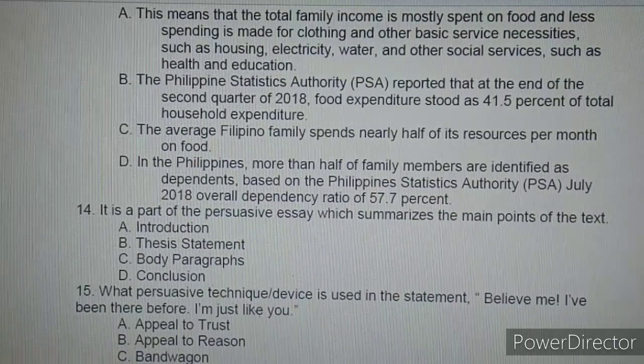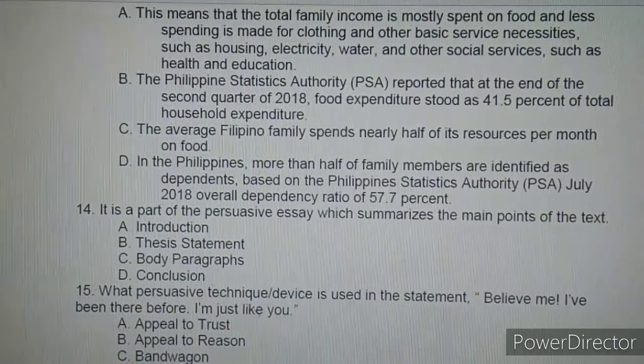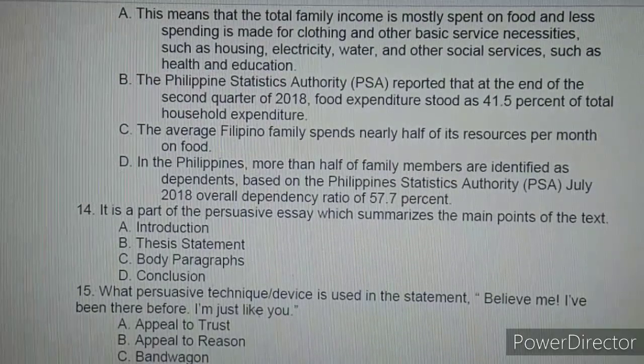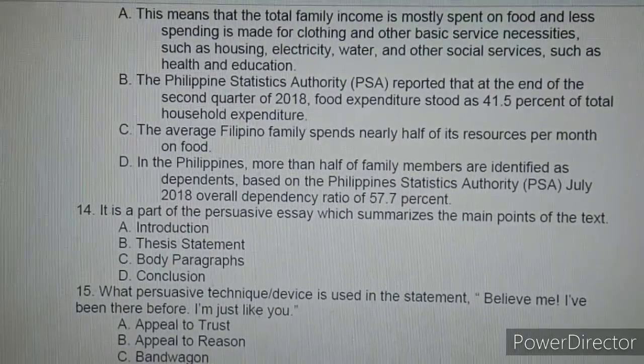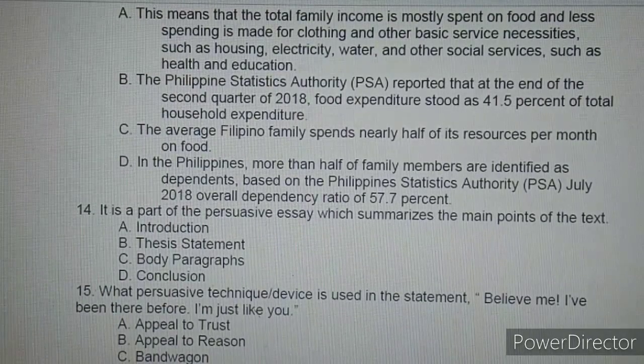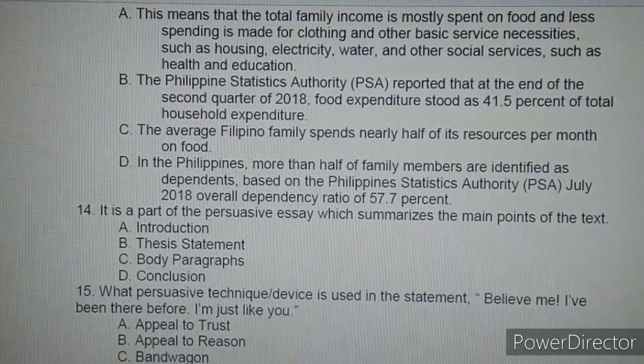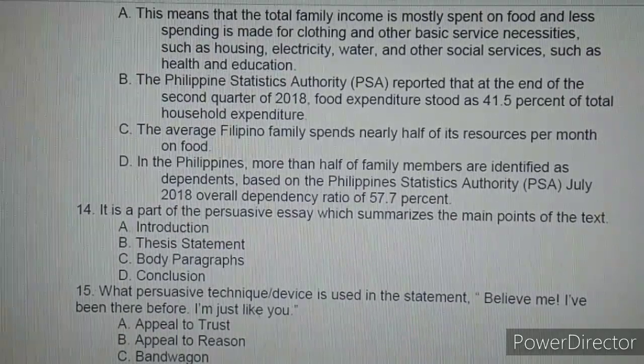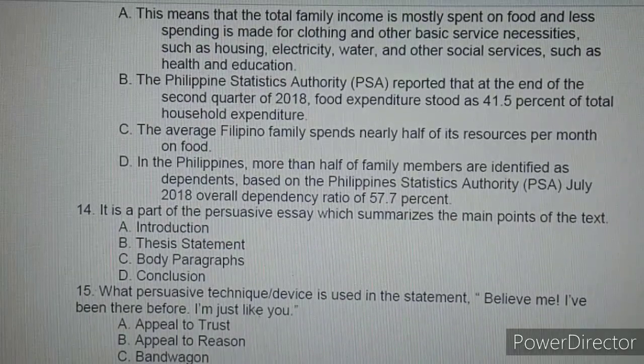Letter B. The Philippine Statistics Authority or PSA reported that at the end of the second quarter of 2018, food expenditure stood as 41.5% of total household expenditure. Letter C. The average Filipino family spends nearly half of its resources per month on food.